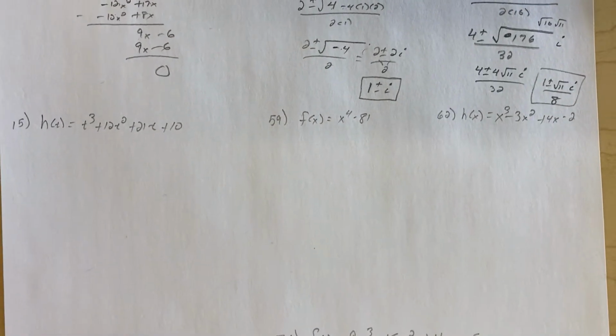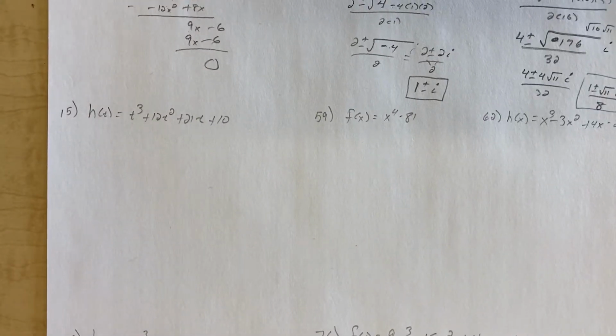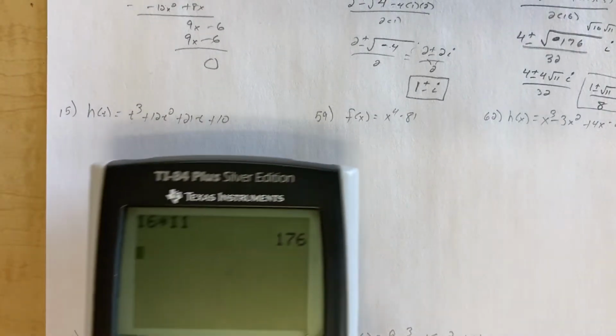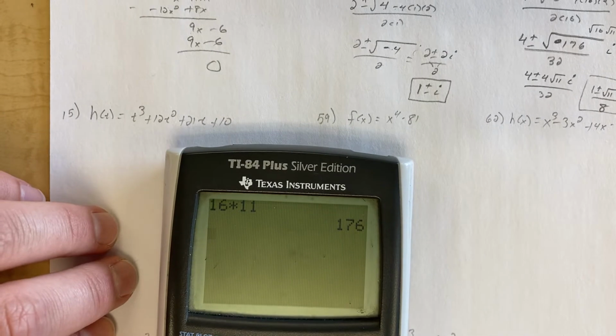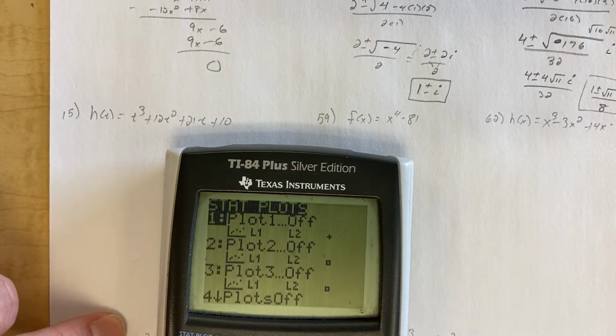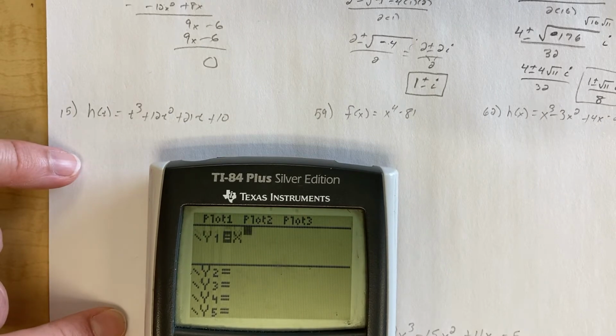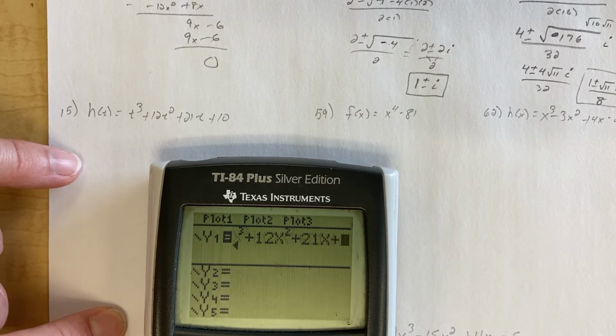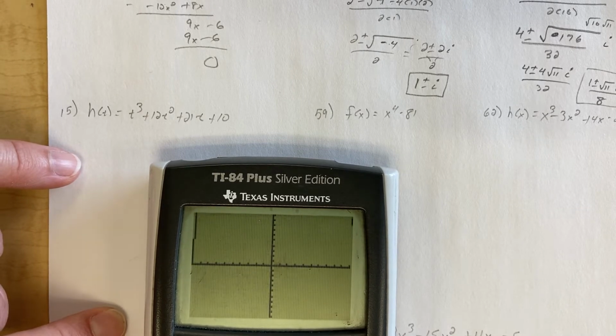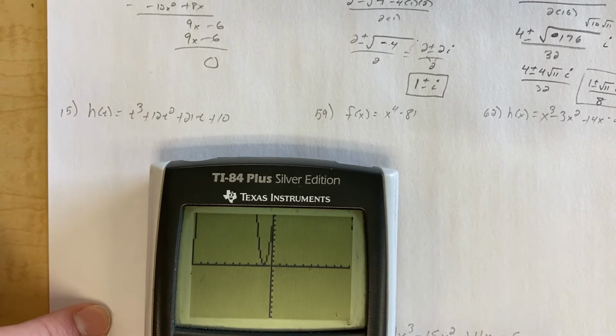All right. Now we get to the equations where we have to find all the solutions, all the zeros for this. So first thing we always do with this is we go to y equal, we type the thing in. So we're going to go x to the third plus 12x squared plus 21x plus 10. Okay. Zoom 6, I want to see where does this hit 0.